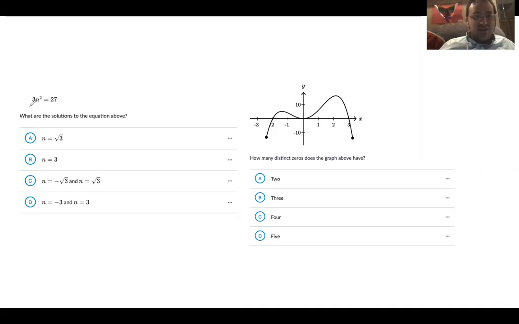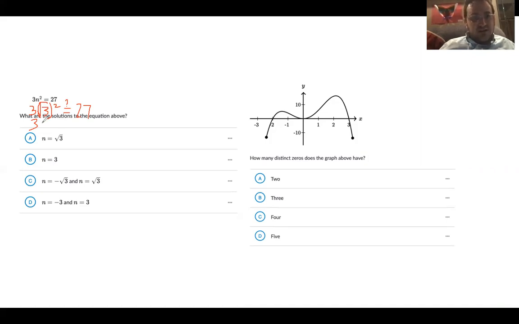We could even start by just plugging in answer choices. I could do 3 times the square root of 3, squared, and see, does this equal 27? One underrated property in math is that if I square a square root, the square root goes away.